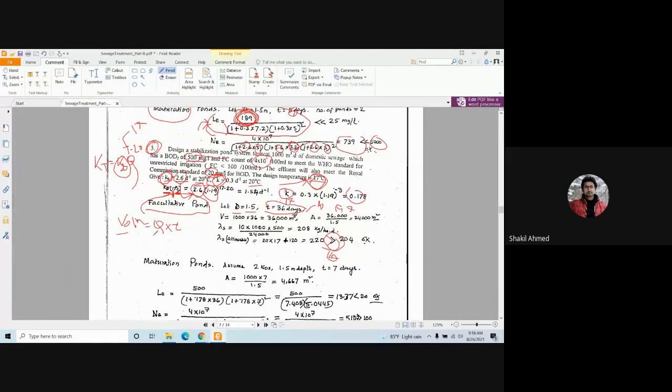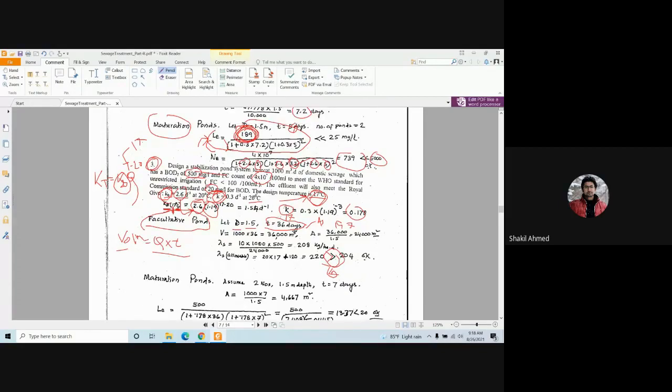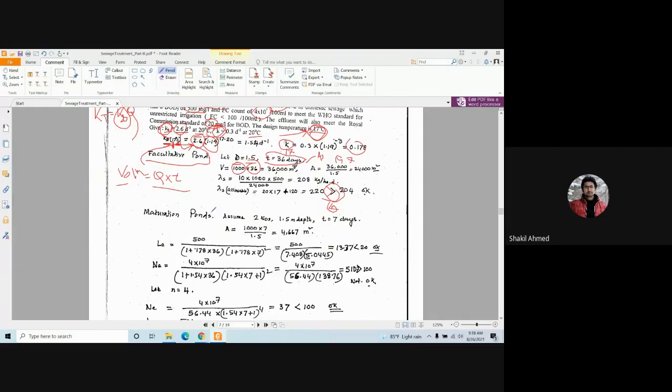So volume equals Q into T. Okay. So Q equals what? Q equals 1000 meter cube. So 1000, and what is T? T equals 36 days. So your area is what? Area equals volume by what? Depth.